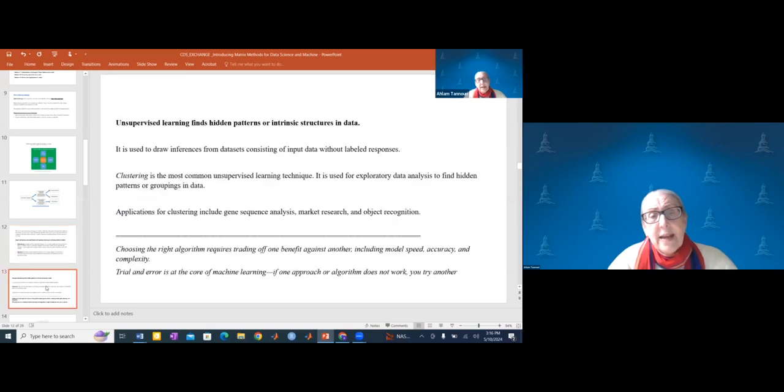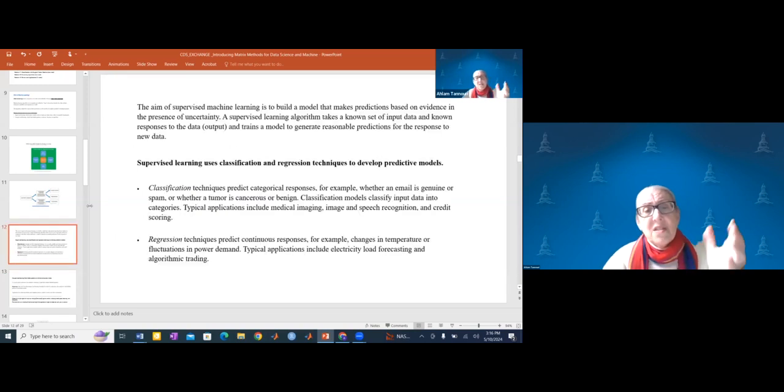I think at this point these are simple definitions of supervised learning. What do we do? The classification techniques predict a categorical response. For example, this email, is it genuine or a spam one?